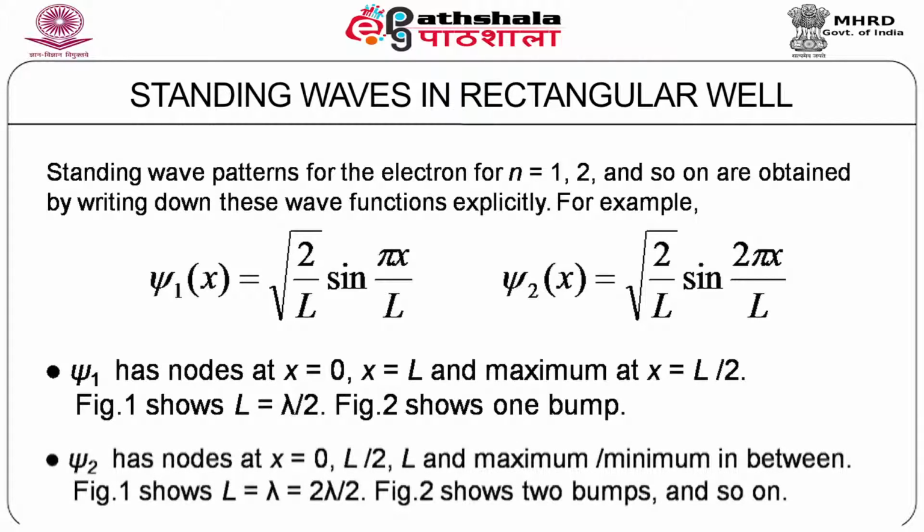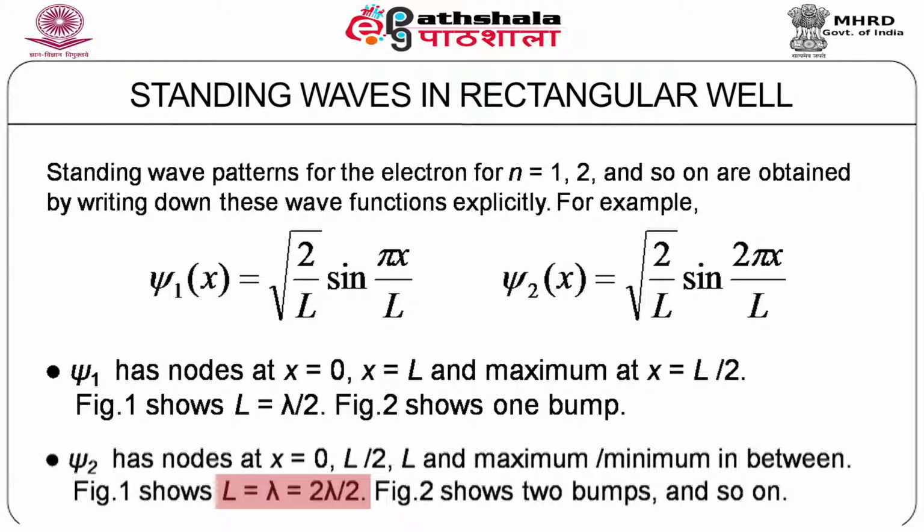Now we come to psi 2. From the same argument we find that psi 2 has nodes at x equal to 0, L by 2 and L, and a maximum or minimum in between these nodes. So figure 1 shows L equal to lambda, or 2 lambda by 2, and figure 2 shows 2 bumps.